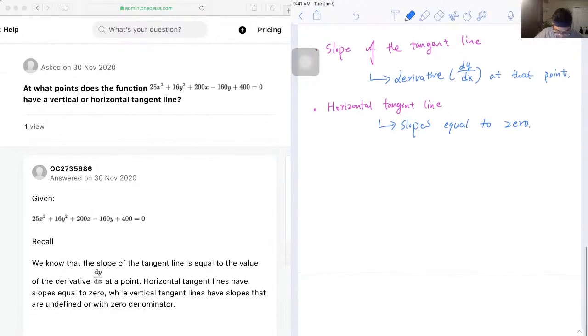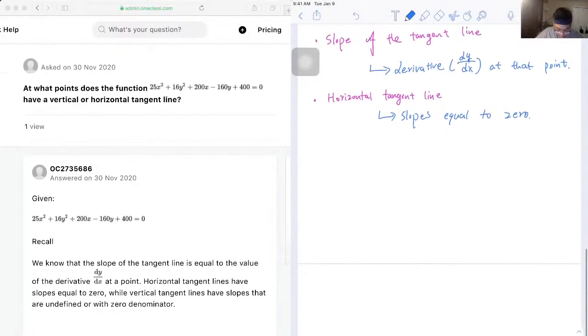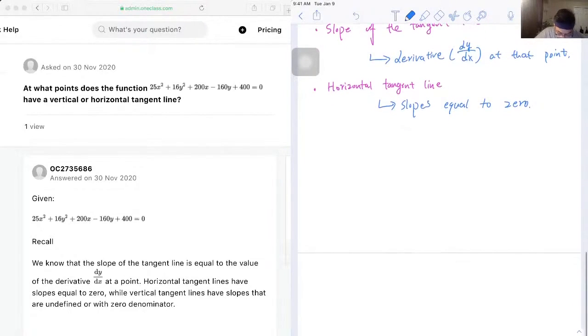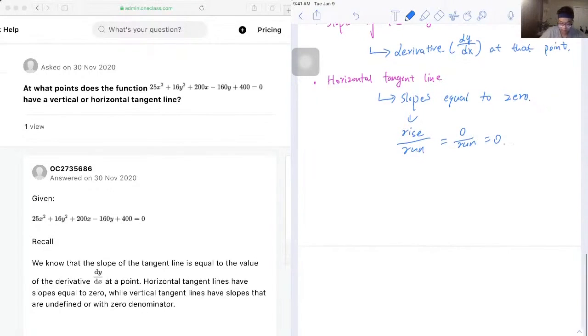Since slope is also equal to rise over run, and since it's horizontal, that means the rise part is equal to 0, and 0 over run is just equal to 0. So that's why the slope for a horizontal tangent line equals 0.